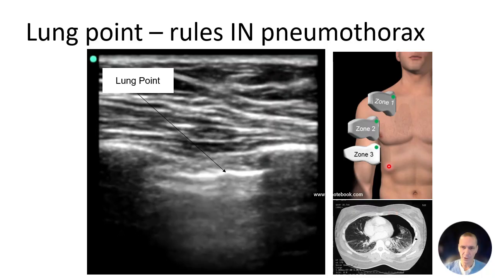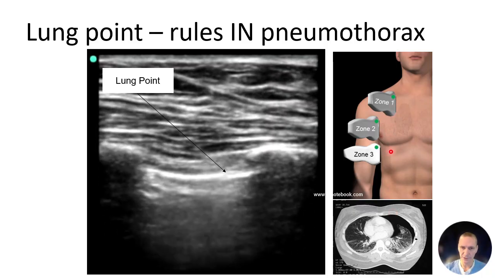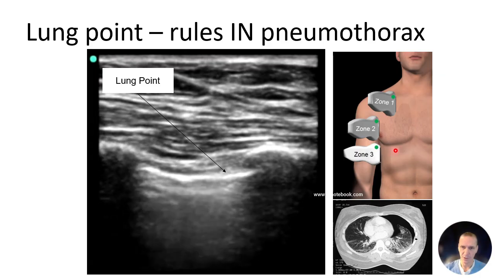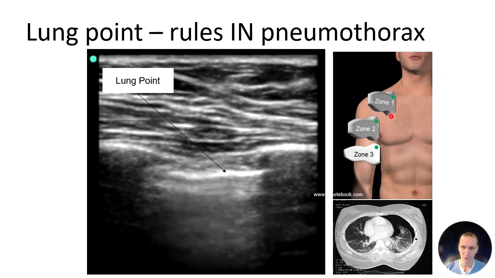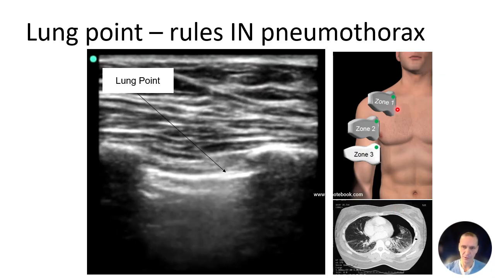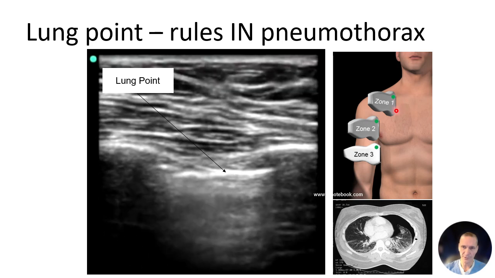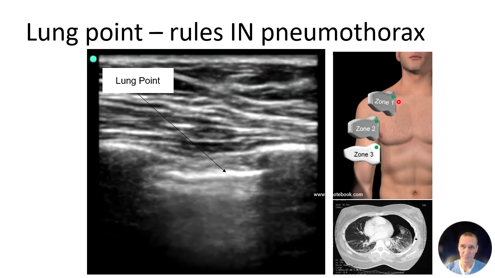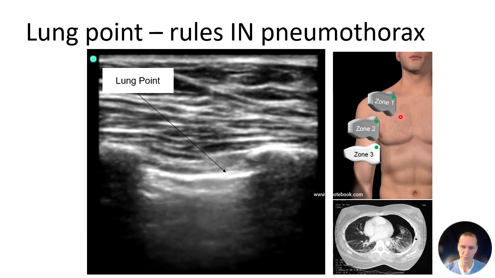you can use what are called zones. Now, these zones are labeled differently in different textbooks, but the concept here is what's important. So if you put the probe on the thorax up here and there's no lung sliding, first you're going to say, maybe there's a pneumothorax there. And then the next question is, how big is this pneumothorax?